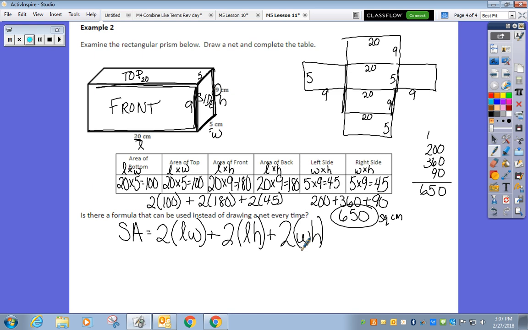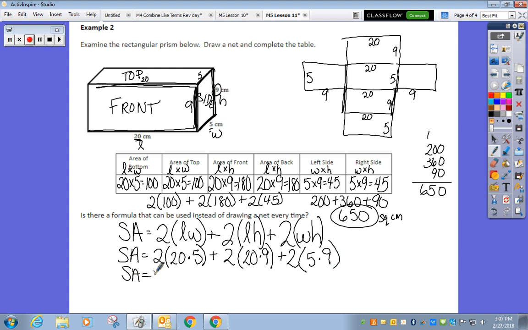So that would be our surface area formula. What I would expect to see for your steps is I would expect to see the plugging in. So 2 times length times width would be 20 times 5, plus 2 times the length times the height, or 20 times 9, plus 2 times the width times the height, or 5 times 9. Okay, and then just showing the process as you work through.